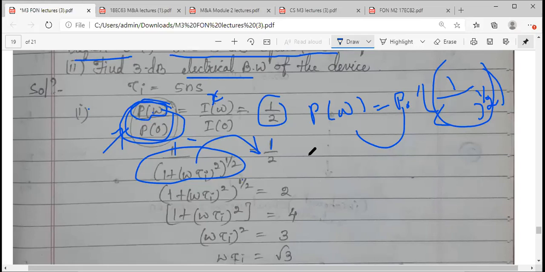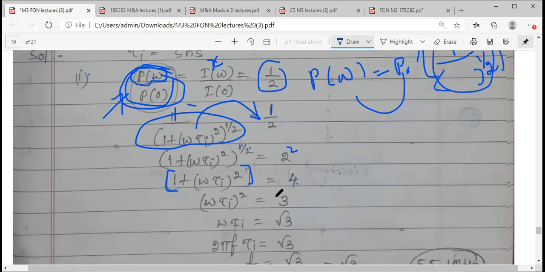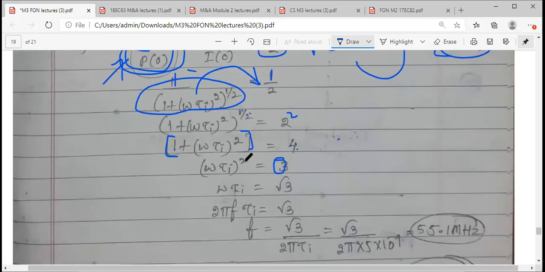Taking this square root, so square on both sides. This is 1 by root 2. 1 by 2 will be removed, the power here will become 2 square. Okay, squaring on both sides, so it will become 4. Further, take this 1 to the other side. 4 minus 1 is 3. Again, take the square root. You will get root 3. Or this omega, 2 pi f into tau I, is equal to root 3.